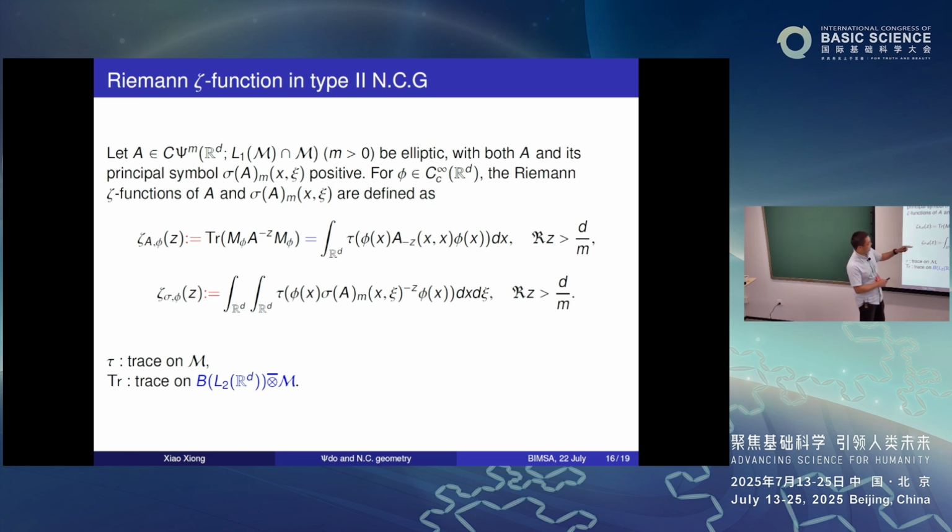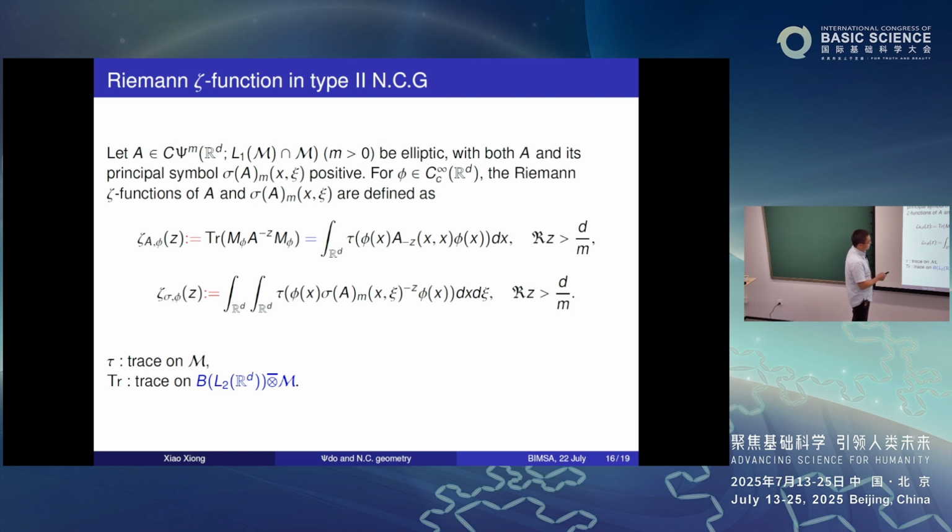Firstly, when we are given a pseudo-differential operator, we take the complex power, and then, so here I'm free. This is not that important, but with phi here, we have a phi here. This will make this integral convergent. This is the main point.